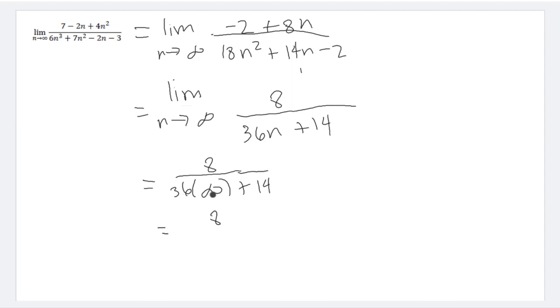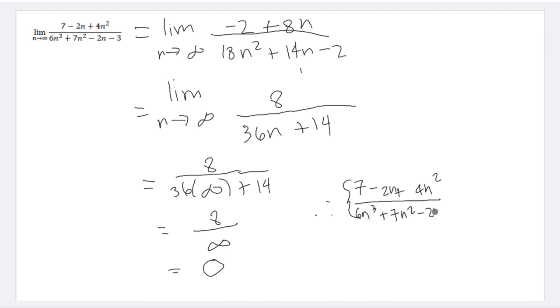This one, 36 times infinity plus 14, is certainly equal to infinity. Any number divided by infinity is equal to 0. So therefore, we say that the sequence (7 - 2n + 4n²)/(6n³ + 7n² - 2n - 3) is convergent and approaches 0.